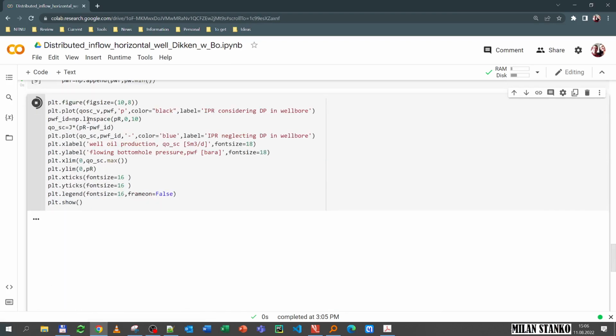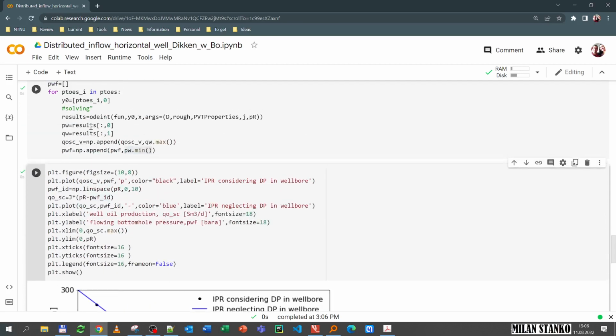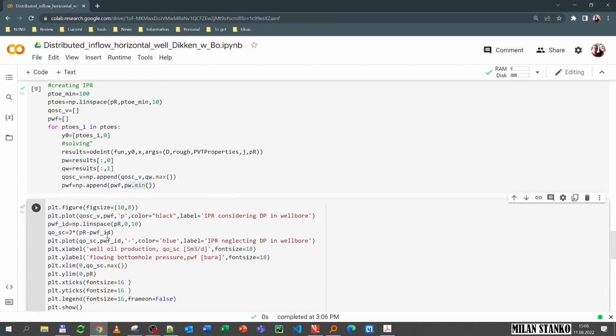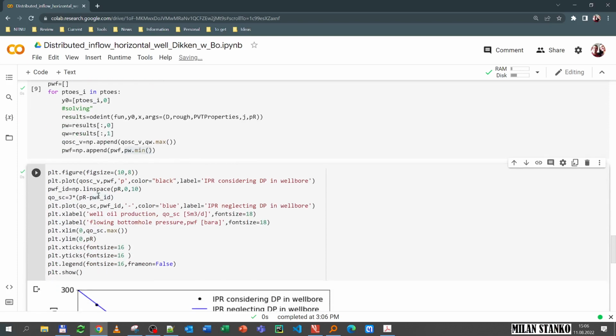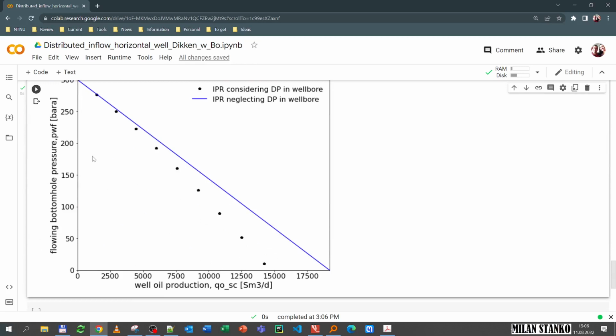The IPR considering delta P in the wellbore is going to be in black. Here I'm building the IPR considering no delta P in the wellbore, and then I'm plotting it. This is using simply 64, and you see that's what I obtained.